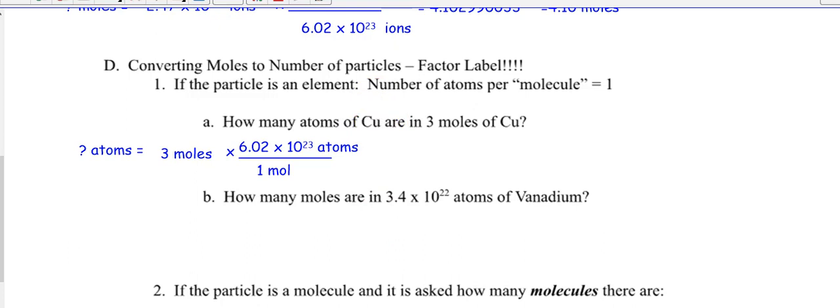All right, so now go back to your calculator, and what is 3 times 6.02 EE 23? Now be very, very, very careful. Whenever you're using your exponential button, look at your calculator display very carefully and make sure you see the exponent part of it. So always look and see if you have an exponent as part of your answer.